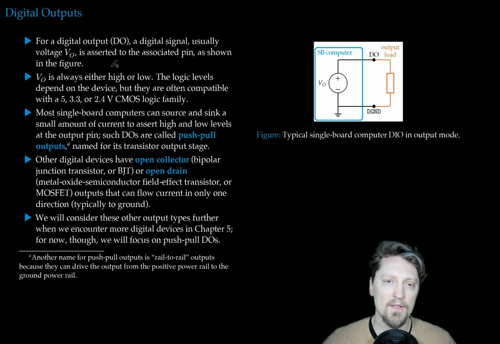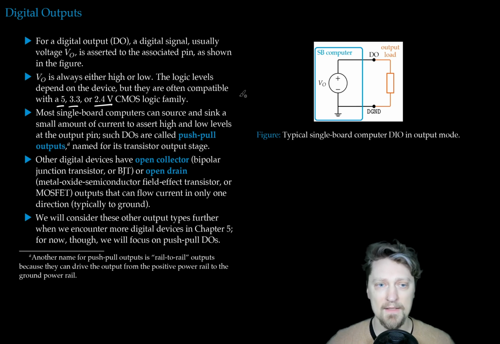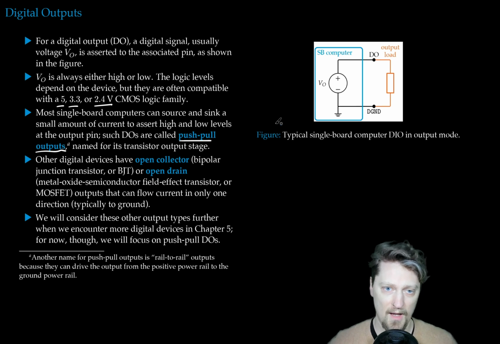VO is always either high or low. The logic levels depend on the device, but they are often compatible with a 5, 3.3, or 2.4 volt CMOS logic family. Most single-board computers can source and sink a small amount of current to assert high and low levels at the output pin. Such DOs are called push-pull outputs, named for its transistor output stage.